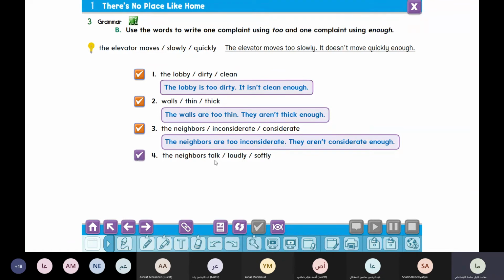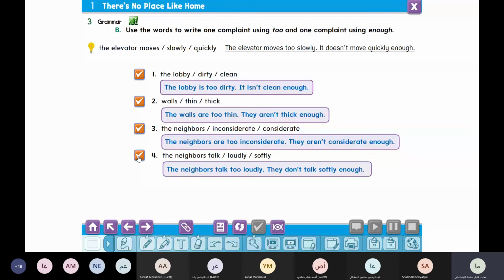The neighbors talk what? Too loudly. They do not talk softly enough. Okay, so this is about the first 4 sentences. Picture them to write them later.